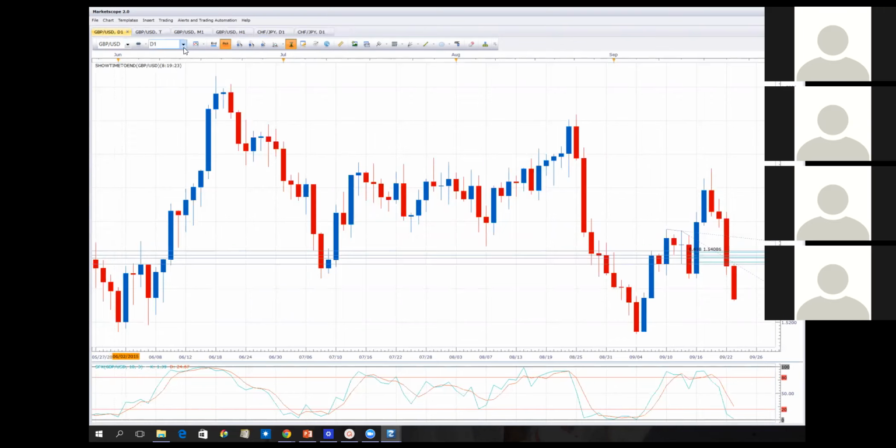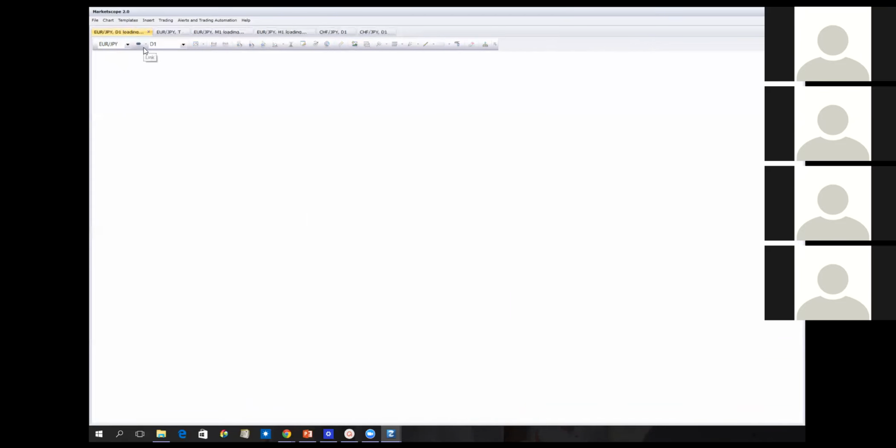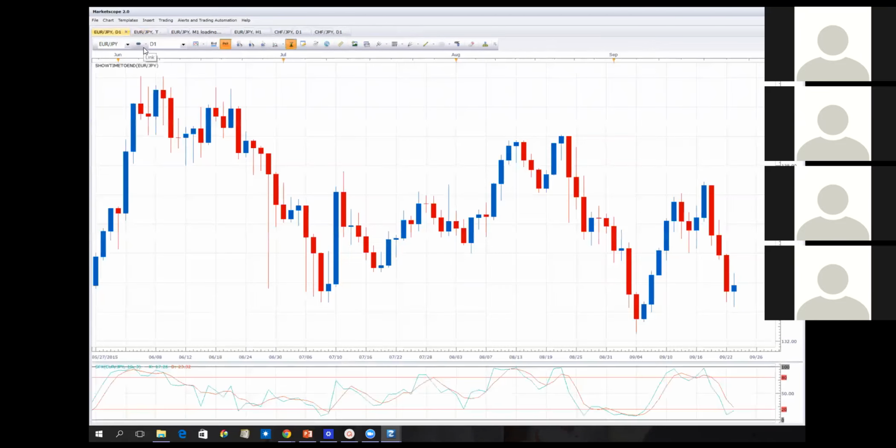Alright, the pound is tanking towards tomorrow. Euro Japanese yen as well. This one right here is a good one too.